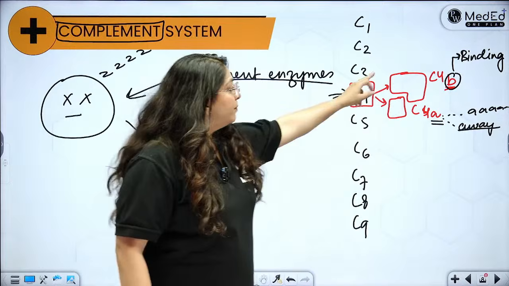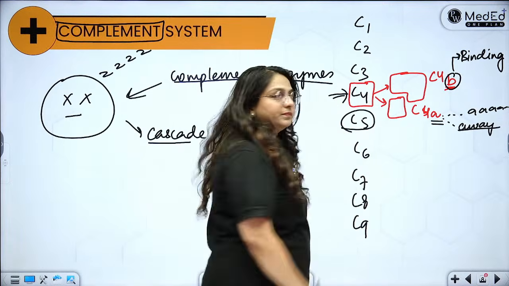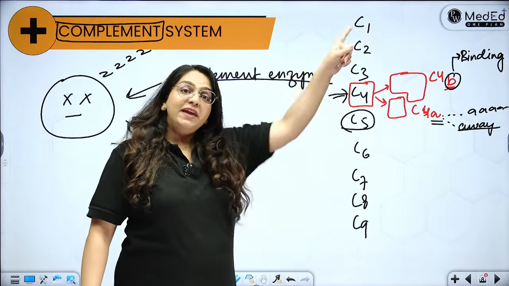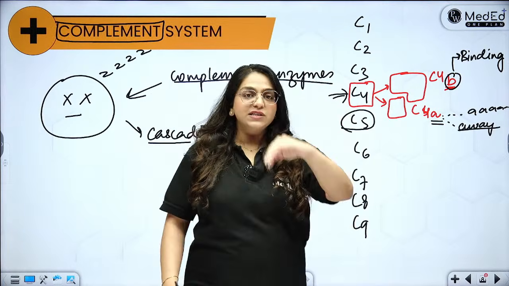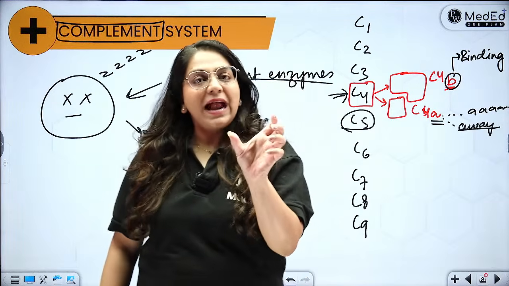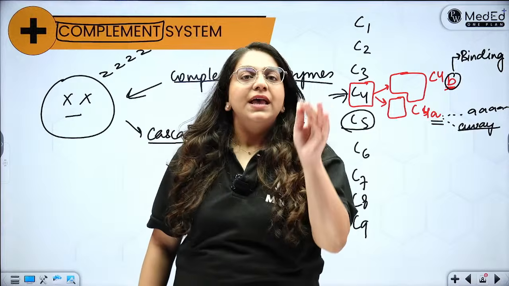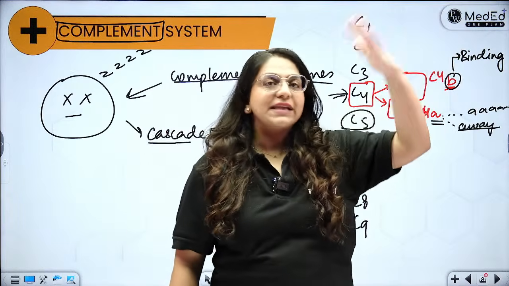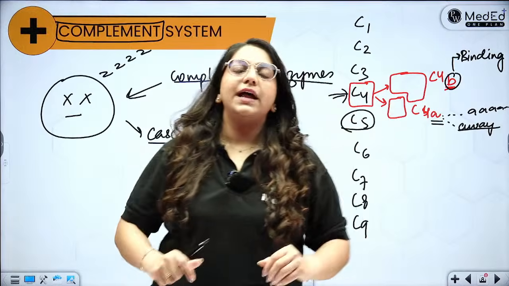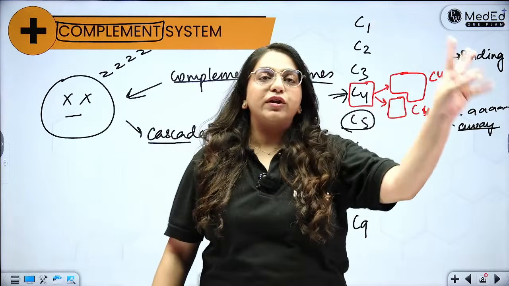So C4B will go and bind to C5 and break C5 into 2 parts. C5b will go and bind to C6. That is what keeps happening. One complement enzyme, when activated, breaks into two parts. The A segment is anaphylotoxic and floats away. The B segment goes and binds to another complement in that path and breaks that into further two parts.